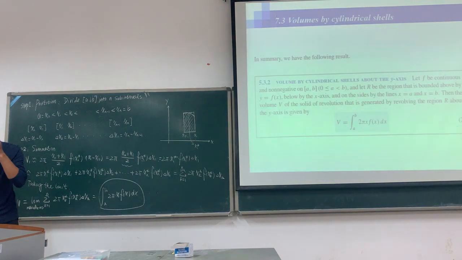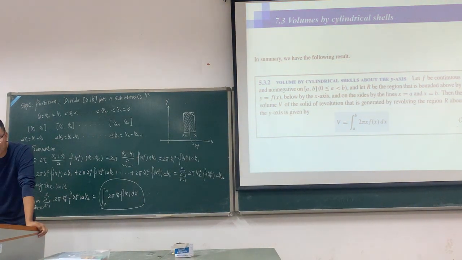So the volume by cylinder shells about the y-axis: let f be continuous and non-negative on the closed interval [a,b]. Let R be the region that is bounded above by y equals f(x), below by the x-axis, and on the sides by the lines x equals a and x equals b.